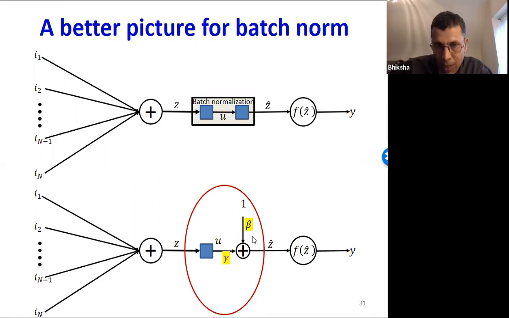So in other words, this shift for the batch norm is identical to the bias that goes into the activation, which is why when you perform batch normalization, you don't need an additional bias term for the neuron, because the shift in the batch normalization already accounts for the bias.